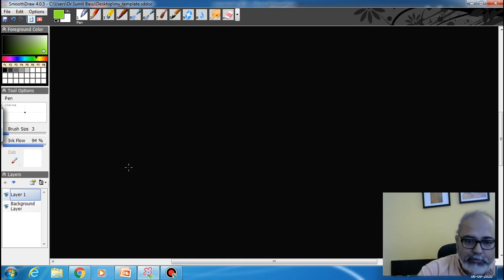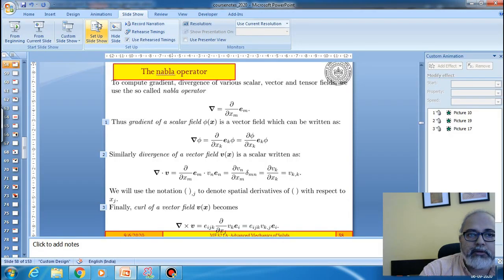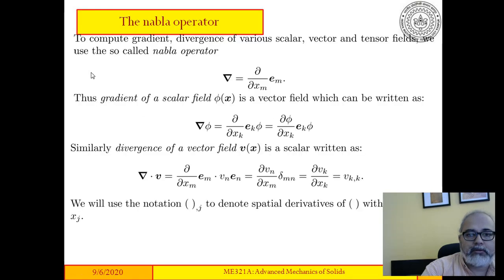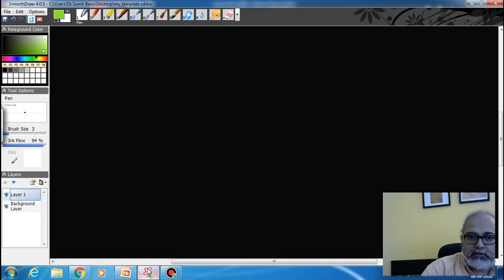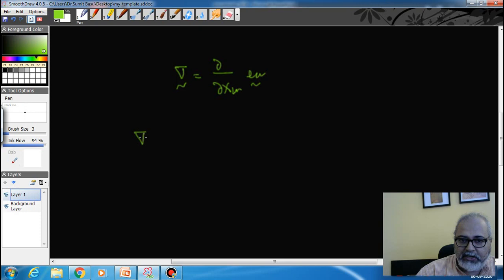Now let us go back. We want to do the divergence of a vector field. Again, we start with the nabla operator, the gradient operator, which is del xm em, and we need to do the divergence operation on a vector v, which is itself a function of position.